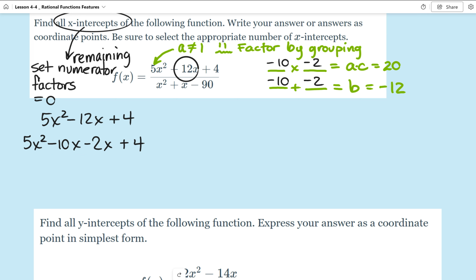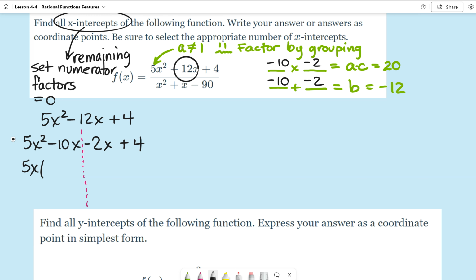Now, the reason I did that is because I want the 4 terms to be split down the middle so I can find the 2 factors. First, let us factor the left side by finding the GCF. The GCF for 5 and 10 is a 5, and they both have x's, so I'm going to put 5x.